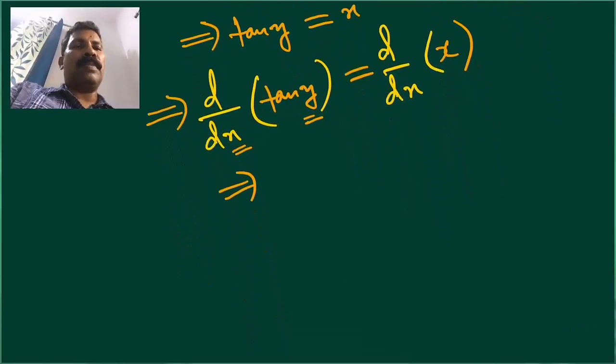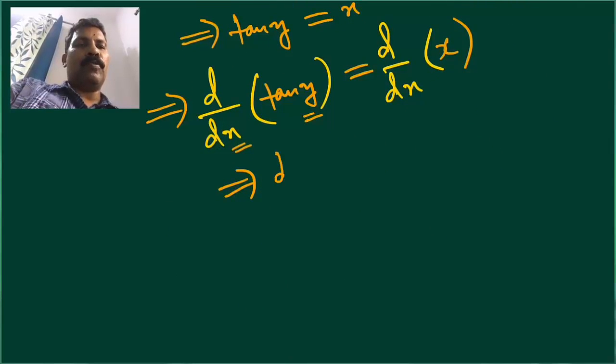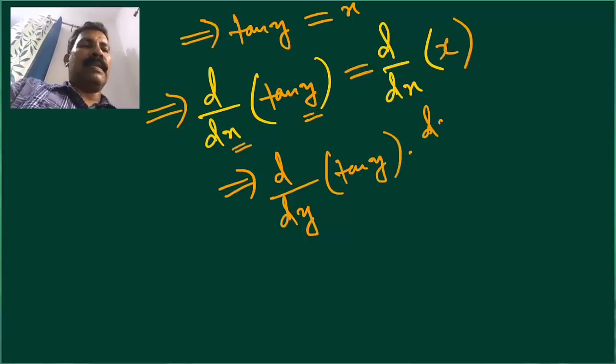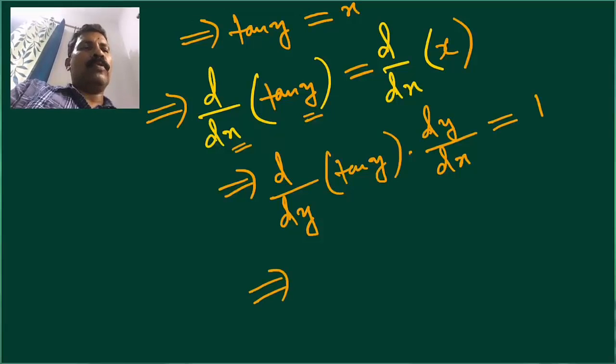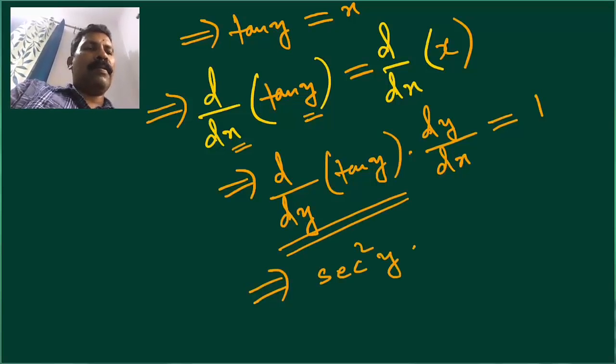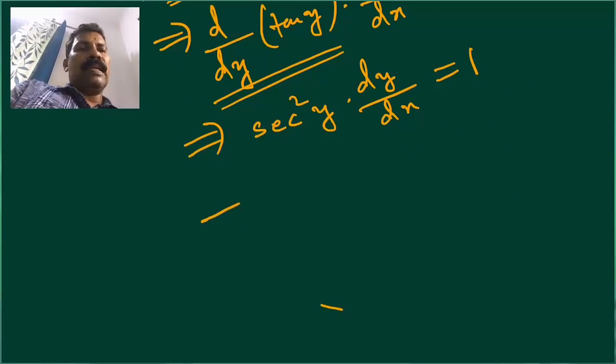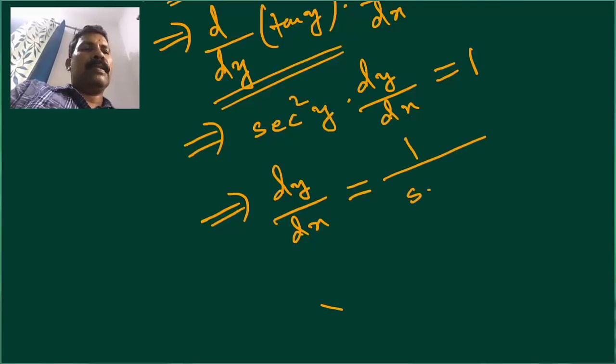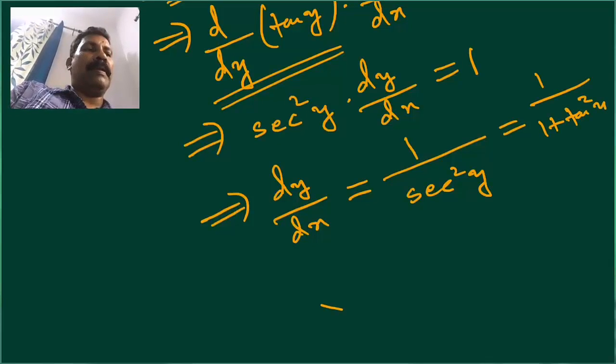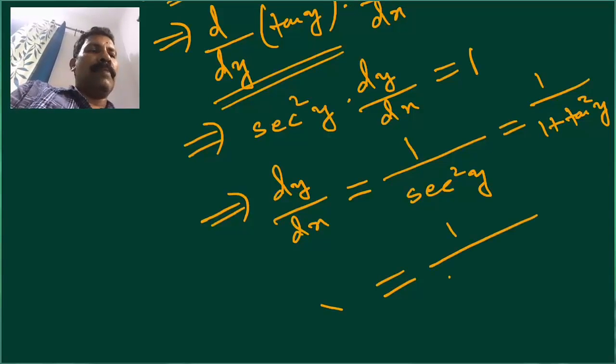Whenever a variable mismatching problem comes, the chain rule is there to help us, that is d by dy of tan y, but we have to compensate with dy by dx, that is equal to 1, because derivative of x with respect to x is 1. Now sec squared y times dy by dx is equal to 1 only, that is dy by dx equals 1 by sec squared y, that could be written as 1 by 1 plus tan squared y.